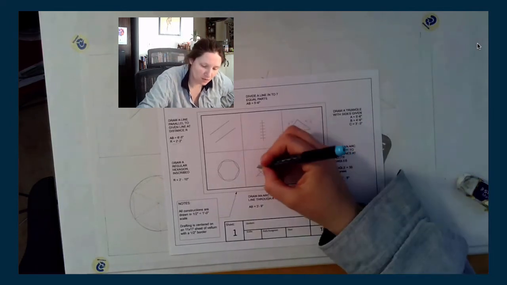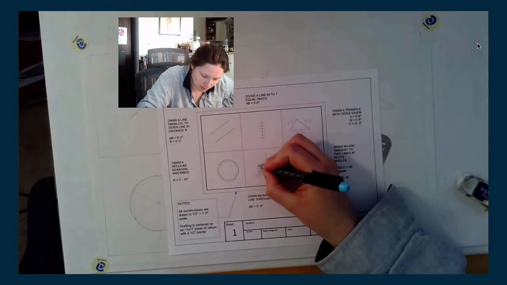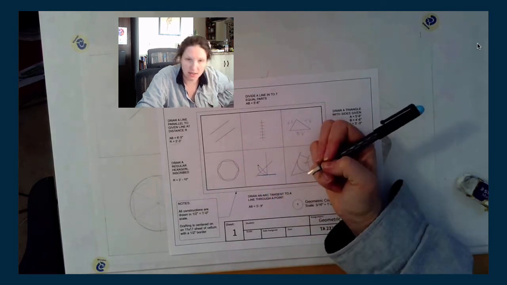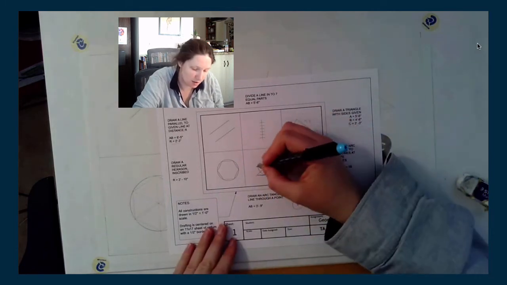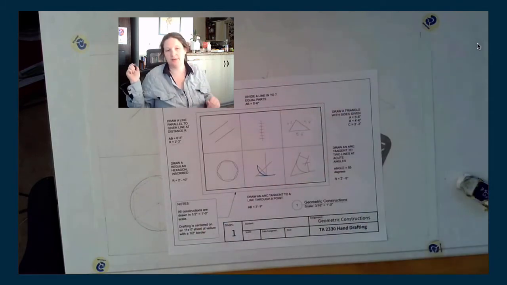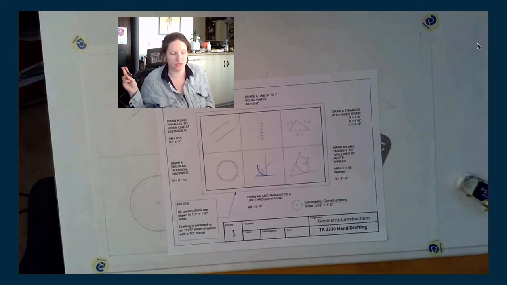So your givens are a point and a line. And then the arc you're going to draw comes from that point and touches that line. So those are the actual final lines you're going to end up with in your drawing. Let's figure out how we get there.